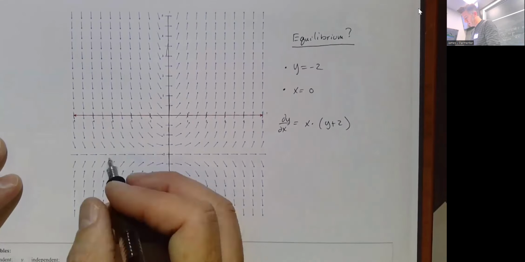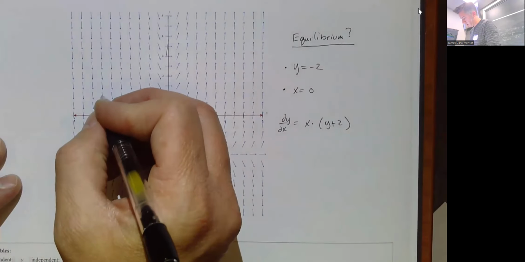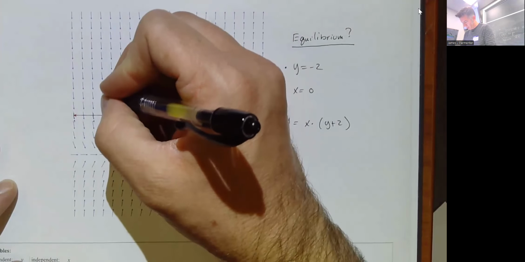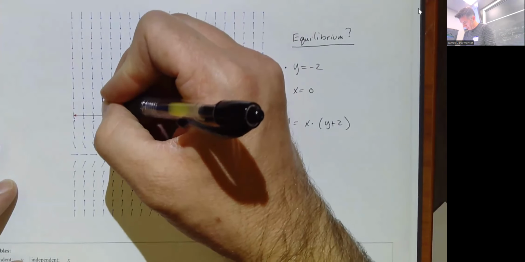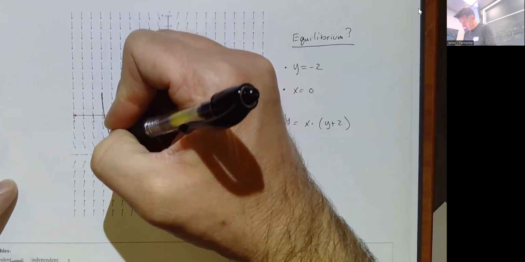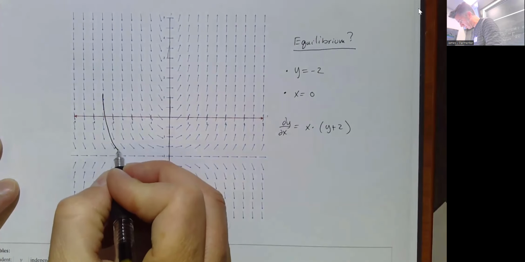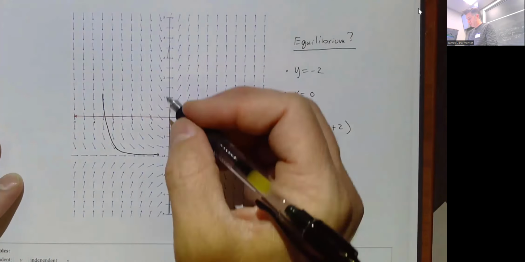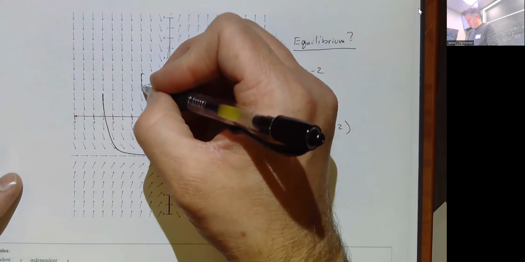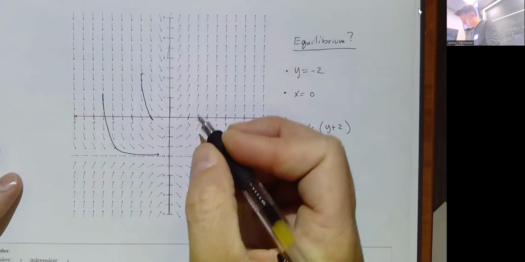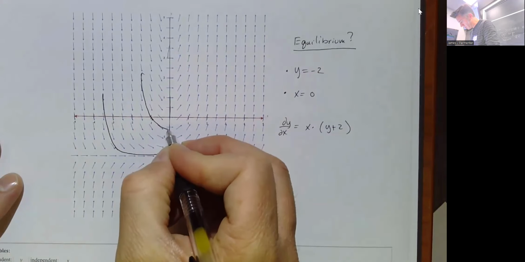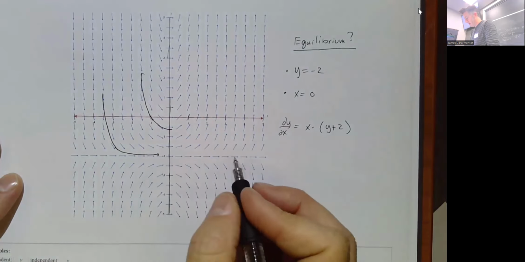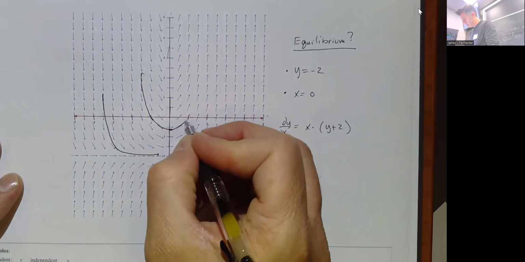So if I try to draw a solution curve starting here, and again, my drawing skills might be called into question here, you're going to go down this way, this way, this way. It looks like we're getting closer and closer to that. But then if you were more up here, you might do this and not quite get down to that equilibrium there, and instead end up coming back up this way.